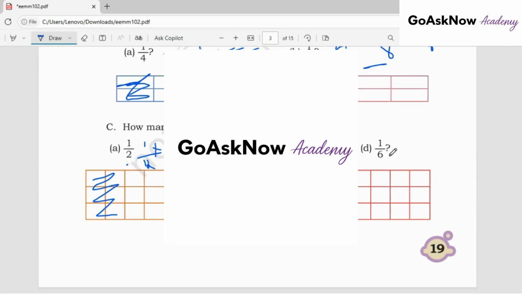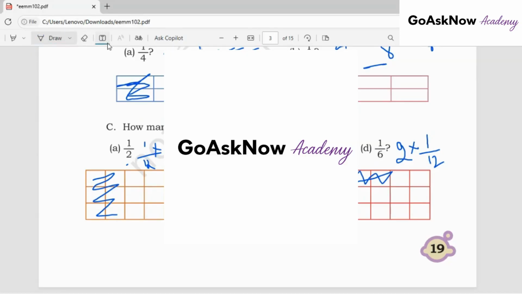Next 1 by 6. If we multiply 6 by 2, it is equal to 12, so it is 2 by 12. Now 2 has to be shaded here.